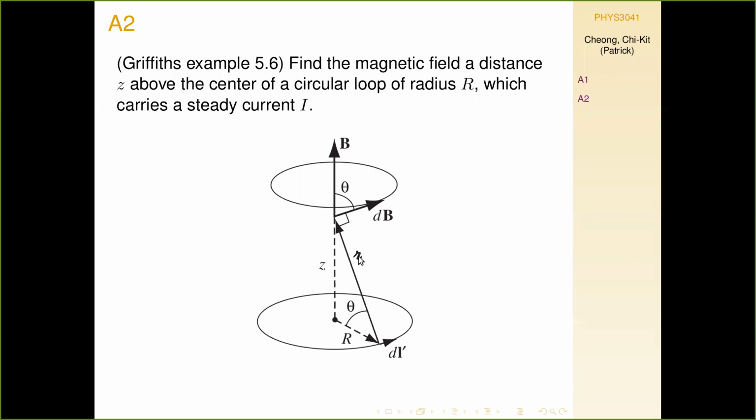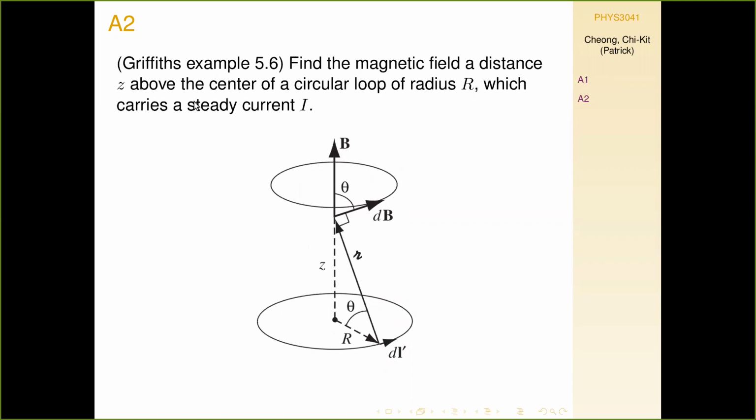What it requires us to find is again the magnetic field at a given distance for a circular loop. The radius, the distance, the angle here are all given.